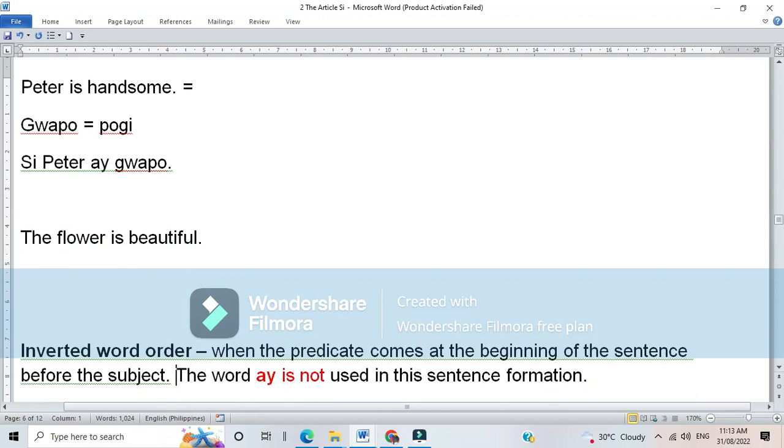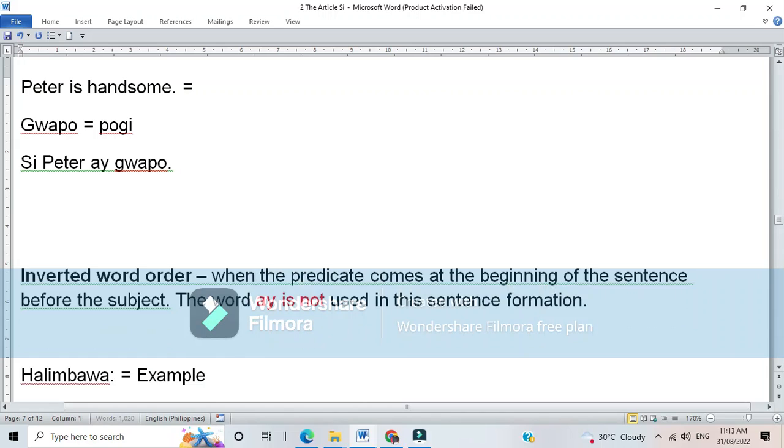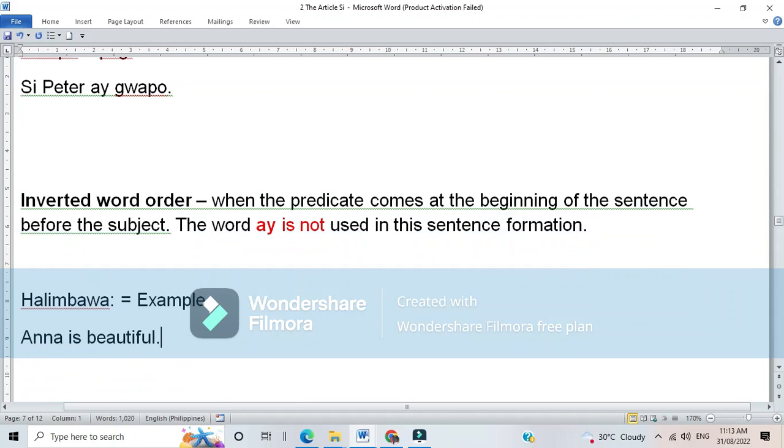The next sentence formation is the inverted word order. It's when the predicate comes at the beginning of the sentence before the subject, and the word ay is not used in this sentence formation. Okay, example, or halimbawa in Tagalog. We will use the same sentence, Anna is beautiful. We start with our predicate.